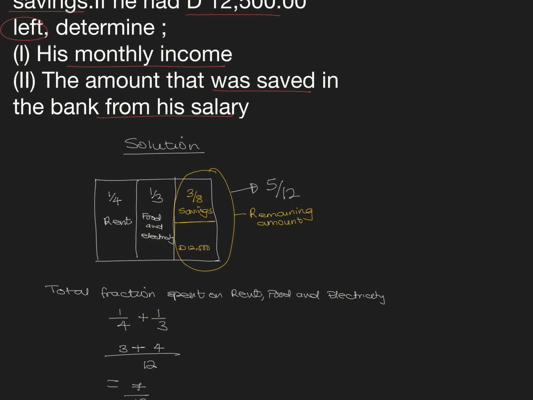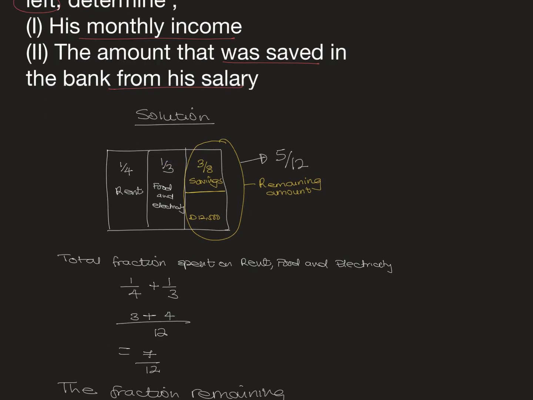But this 3/8 is a fraction out of this 5/12 that went into saving. So don't be tricked. This 3/8 is not directly from his total salary, but from the remaining 5/12. Therefore, I have to know the actual fraction out of his salary that went into savings and the actual fraction out of his salary that gave this $12,500.